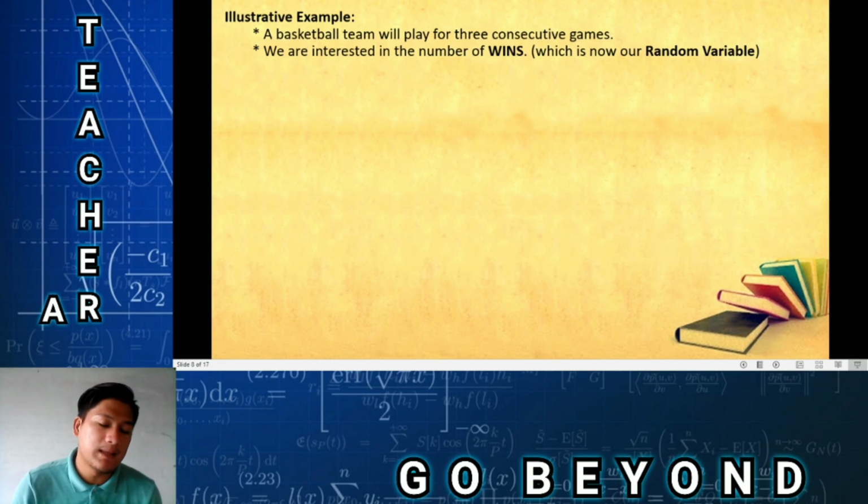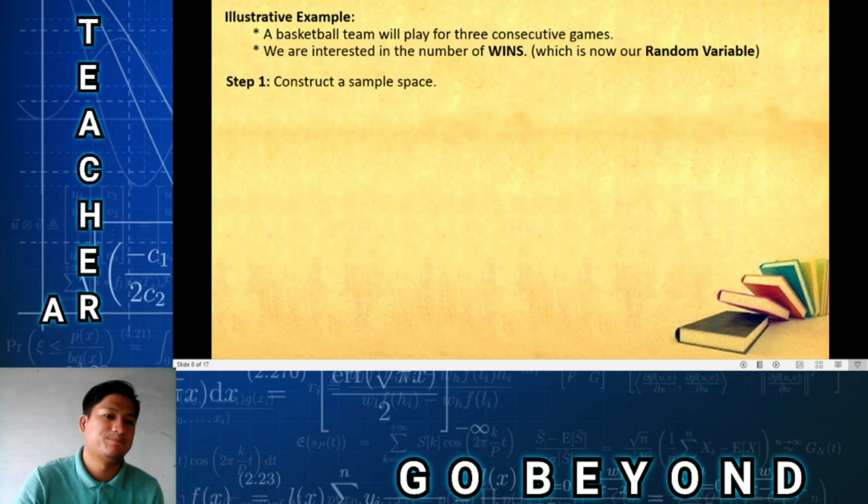Again, a basketball team will play for 3 consecutive games. We are interested in the number of wins. So meaning to say, our random variable is the number of wins. And let's get the probability of the possible values of the random variable.